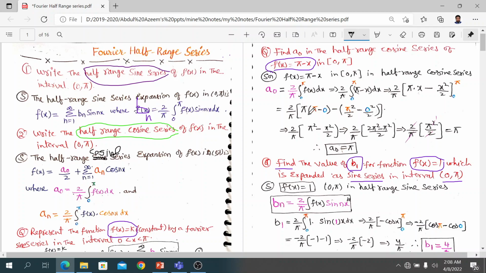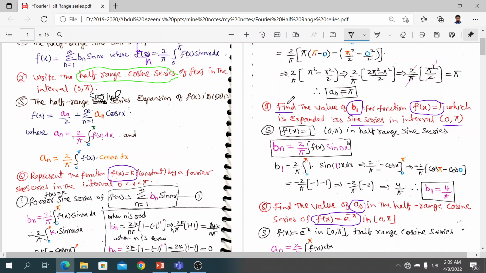Pi into pi is pi square minus pi square by 2 minus 0, that is pi square by 2 only. Cross multiply: 2 pi square minus pi square by 2, so this value becomes pi square by 2 only. Here 2 by pi, these cancel, pi and pi. So the answer is pi. The a naught value is pi only.